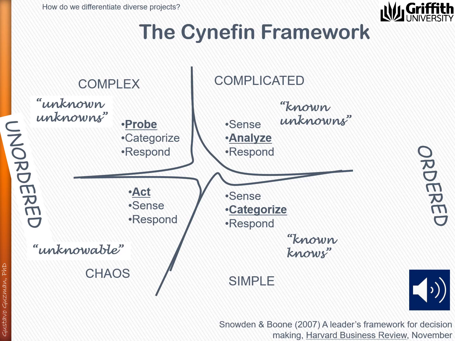This is the world of the known knowns. The decision-making model in this context is sense incoming data, categorize that data, and finally respond using predetermined practice such as standard operating procedures.